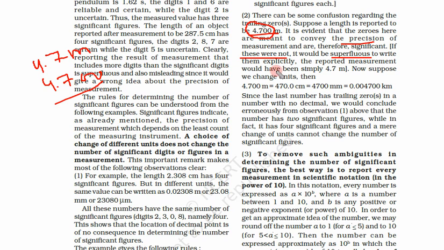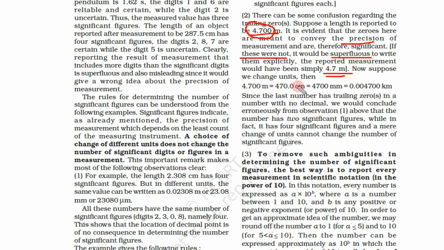Otherwise the reported measurement should simply be 4.7 meter. We should show the digits only when we measure up to that precision.